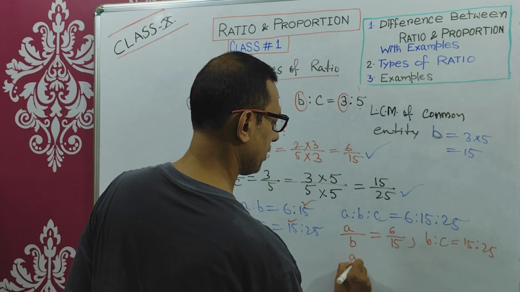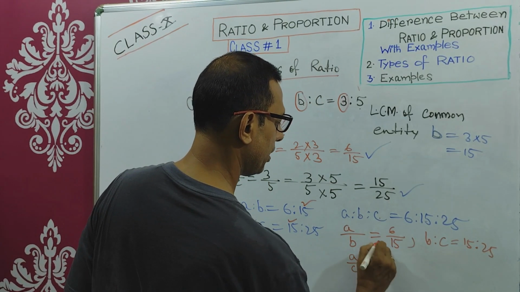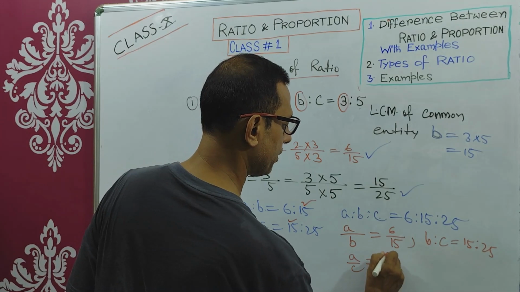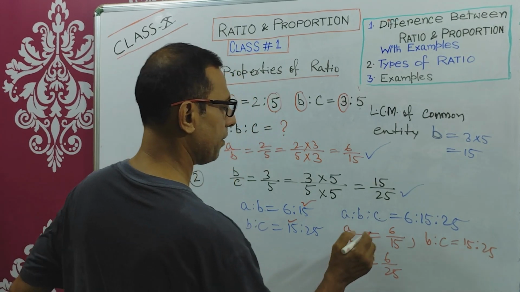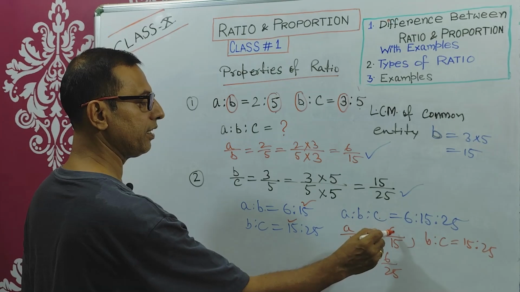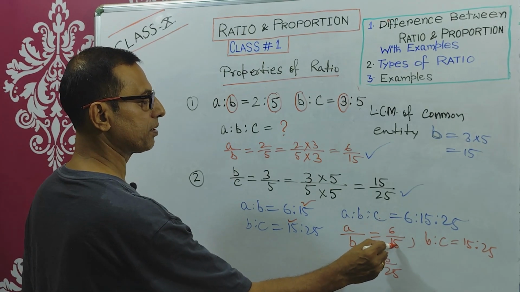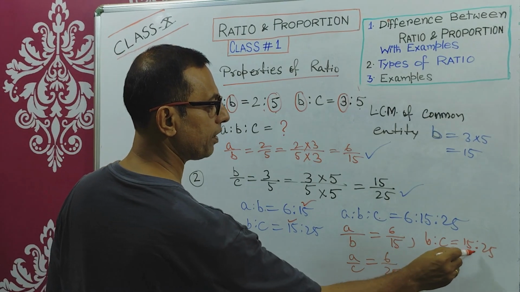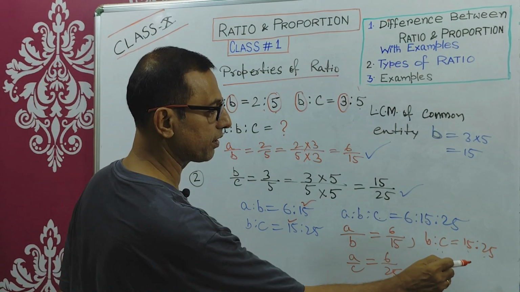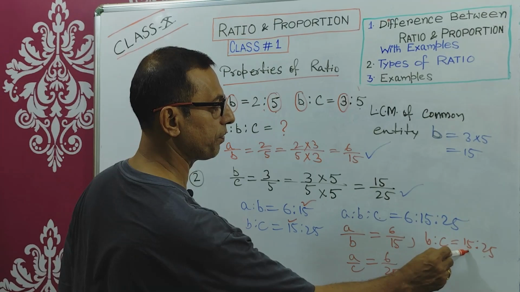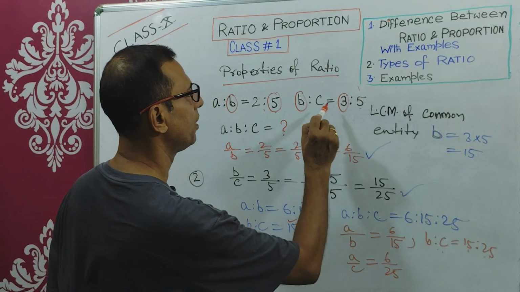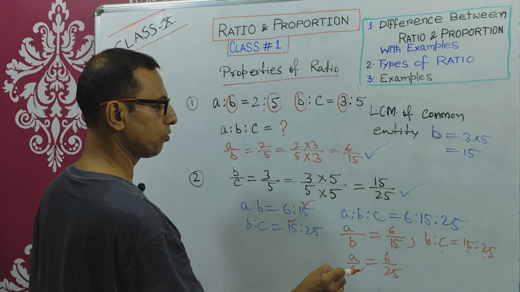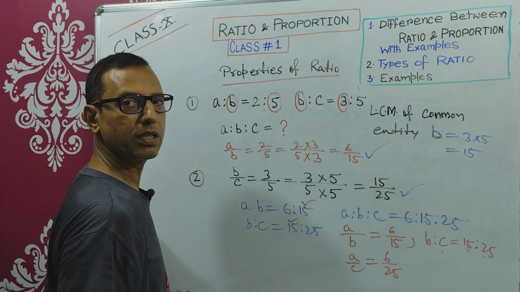And A is to C, A by C, it is 6 by 25. A is to B, 3 2s are 6, 3 5s are 15, so 2 is to 5. B is to C, 15 is to 25, common factor is 5, 3 5s are 15, 5 5s are 25, so 3 is to 5. A is to C is not given, but straight away you can find it here also.